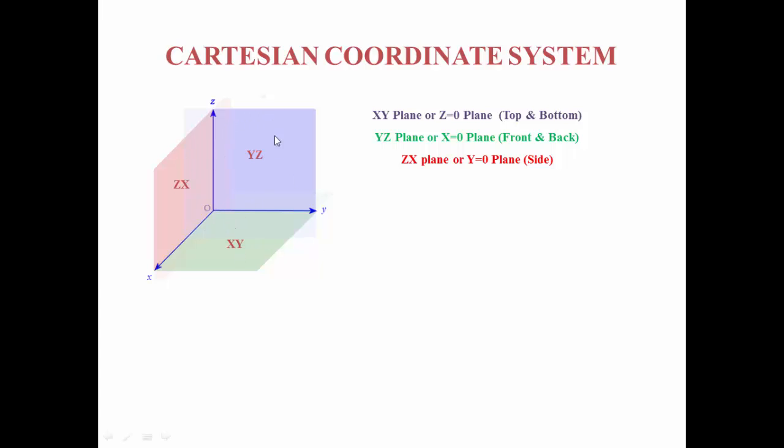This bottom is an xy plane, because the bottom surface consists of only x and y values and z is constant. So it is called an xy plane or z equal to 0 plane. This is the top and bottom side of the rectangular object.